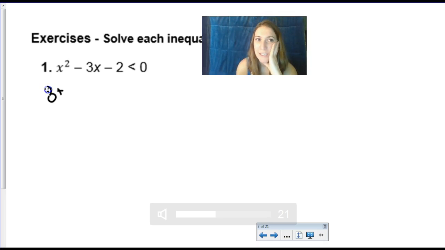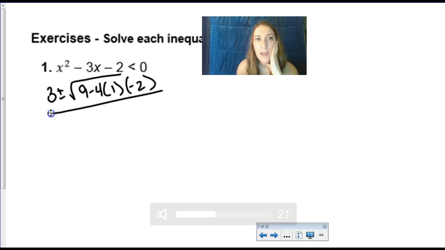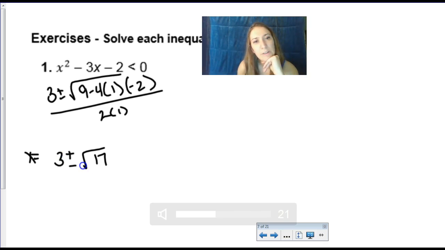So opposite of b plus and minus the square root of b squared minus 4 times a times c, all over 2a. So solving for the zeros of this polynomial, I get 3 plus or minus the square root of 17, both of them over 2.